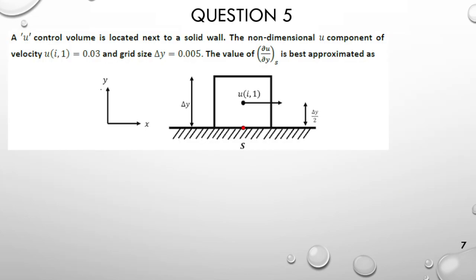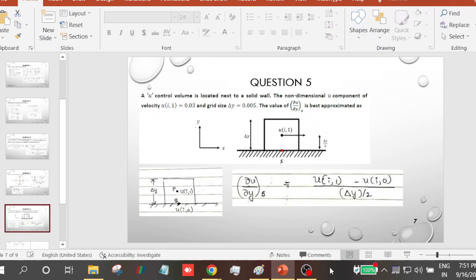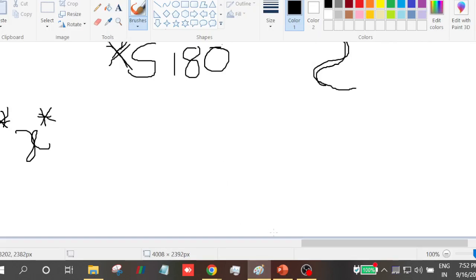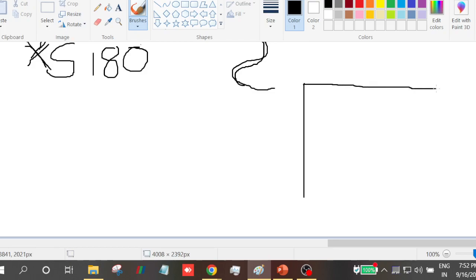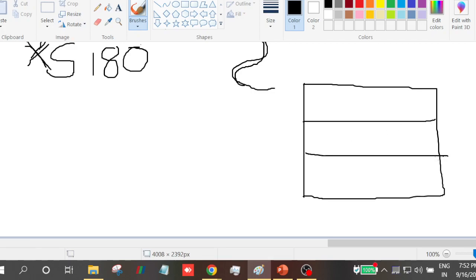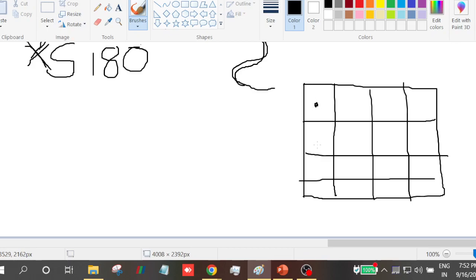So let us see the last question of today's tutorial session. Whenever we deal with computational fluid dynamics, we have one more issue which I might have forgotten. You have a domain something like this, and if you divide it into control volumes, you have the centroid of the control volumes.